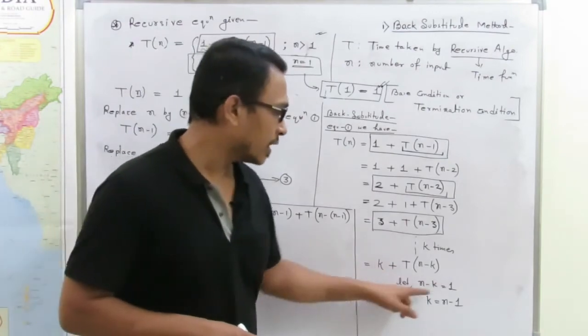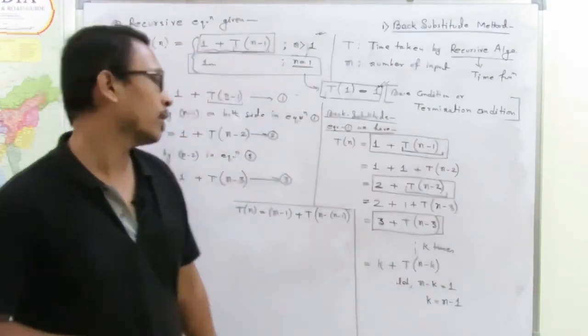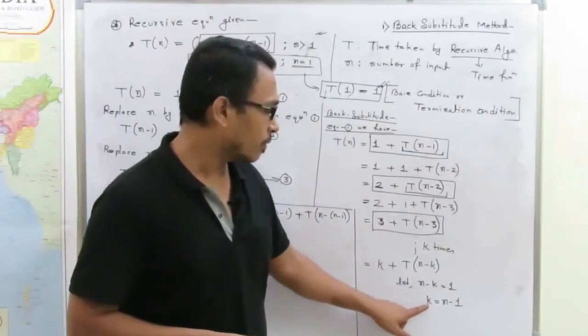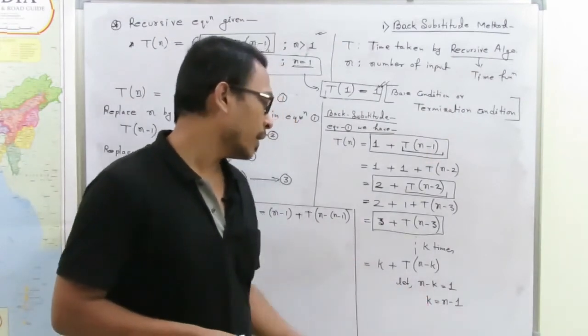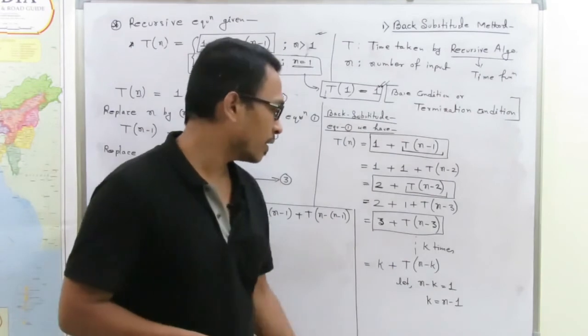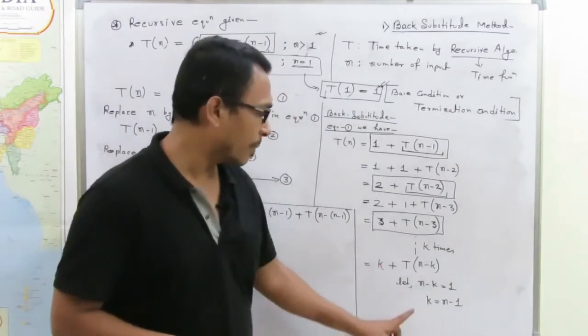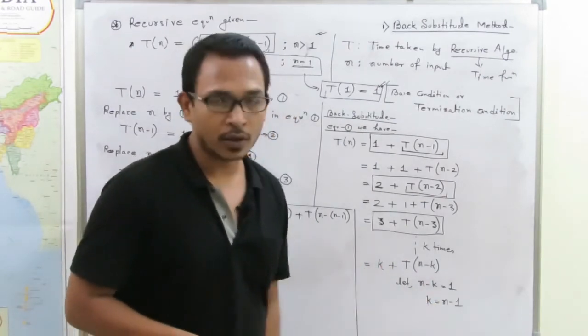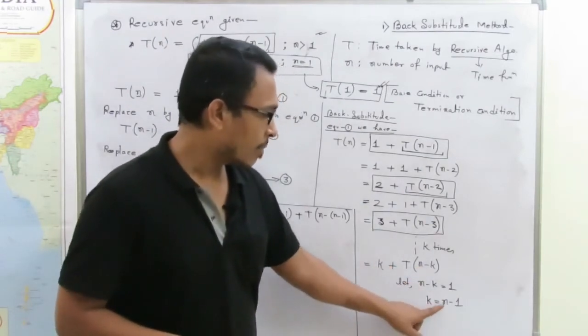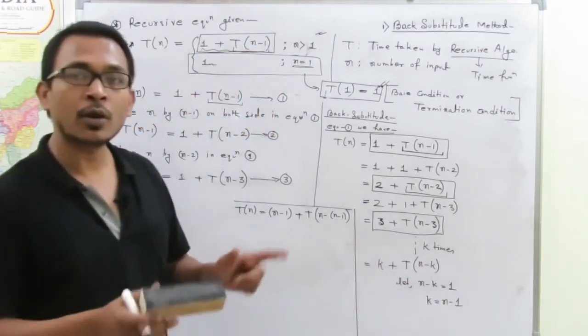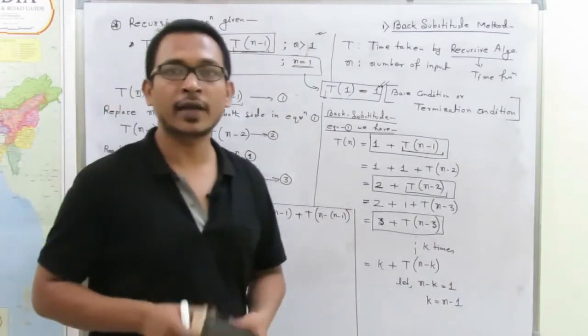So from this relation now we will find the value of k. The value of k will be n minus 1. Now in this particular definition we will replace k by n minus 1, because now we know the value of k.